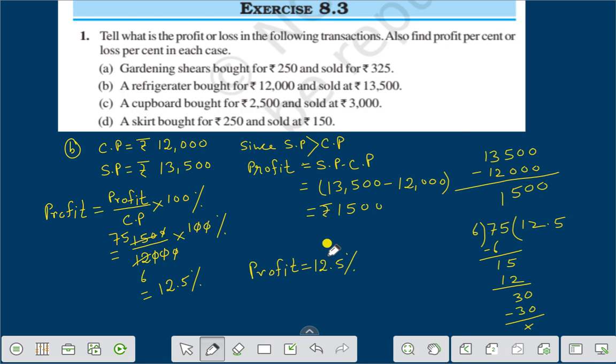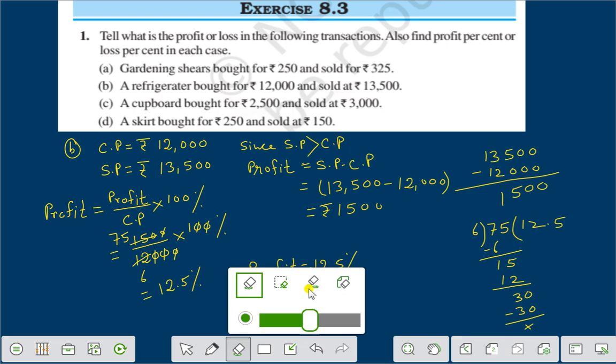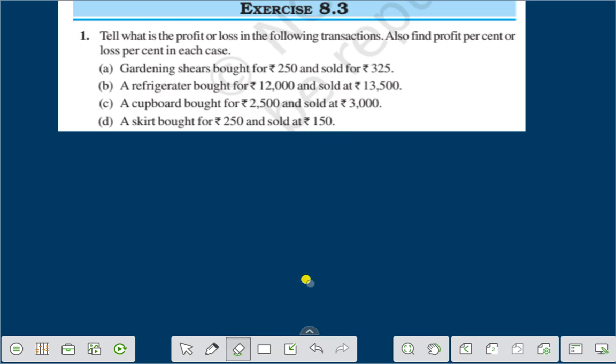Now we shall solve question number C. Question number C is, here you see, a cupboard bought for rupees 2500 and sold at rupees 3000, right?